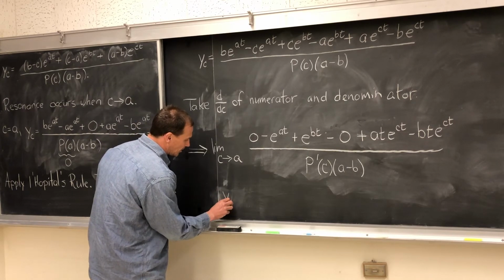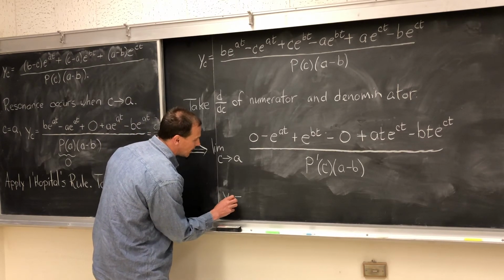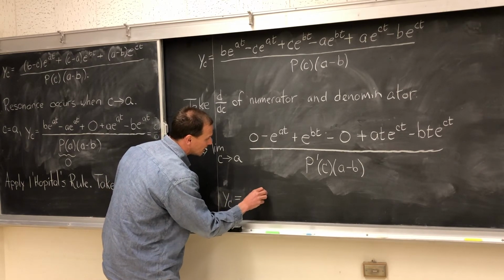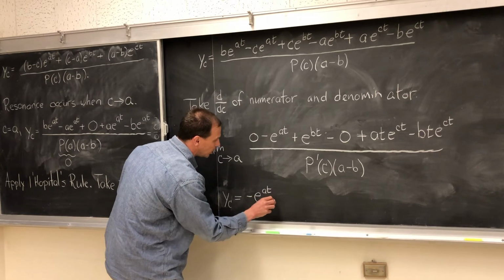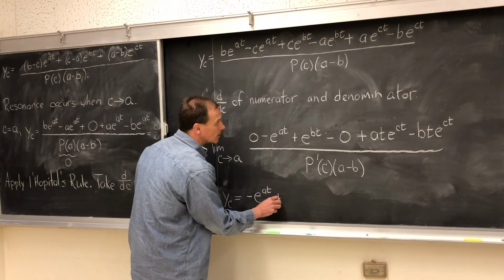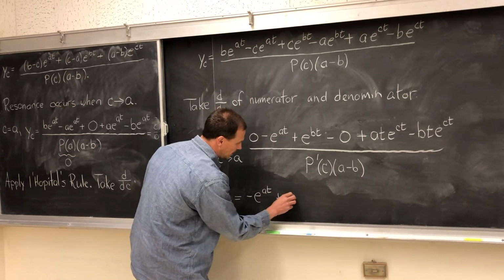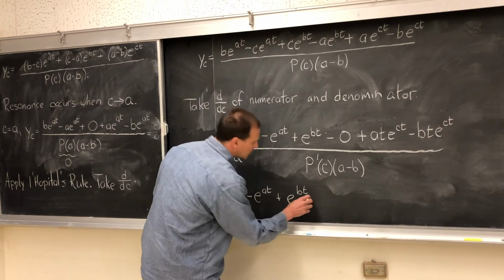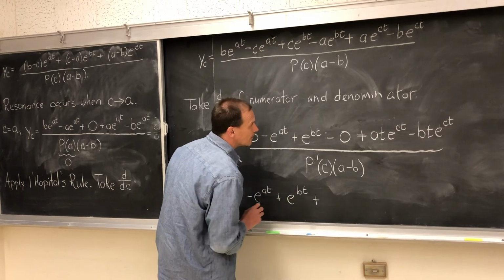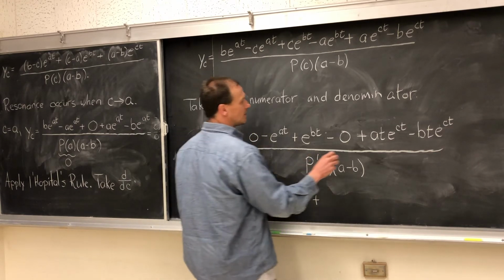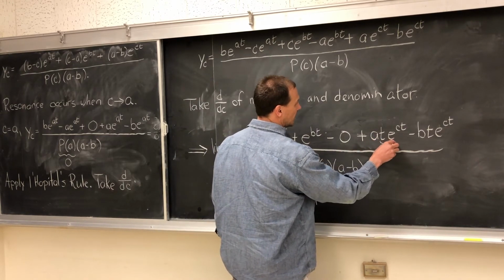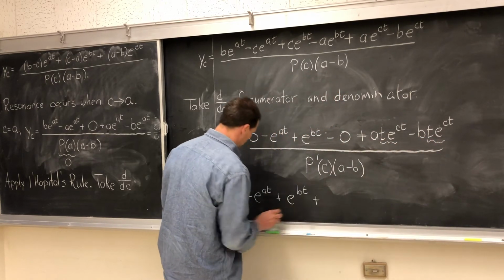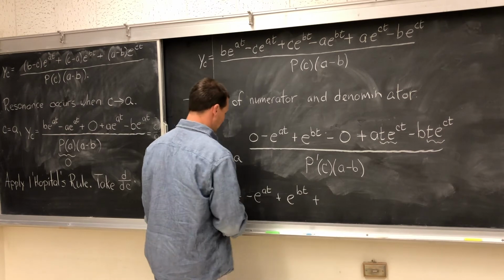So under this case, our y complete becomes minus e to the at, plus e to the bt, plus, oh, look at this. I'm going to take a liberty right here, and I've got a common factor. I'll do it this way.